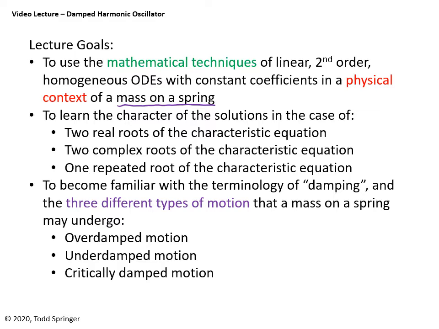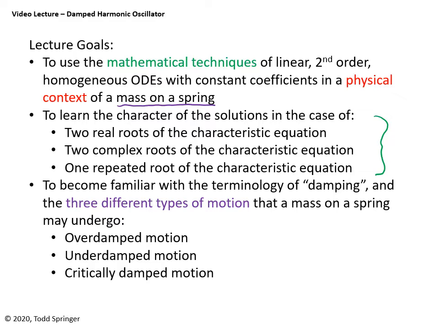To organize our thinking, I want to talk a little bit about all the different cases that you can have for the solutions of the characteristic equation. You can have two real roots, two complex solutions, or one repeated root of the characteristic equation.